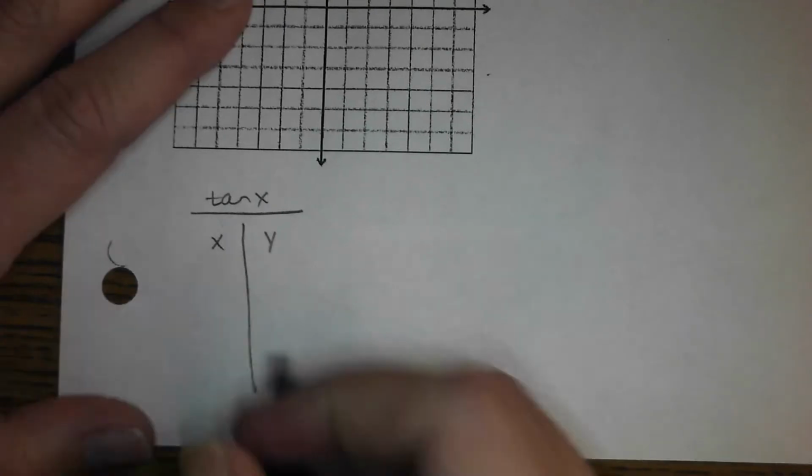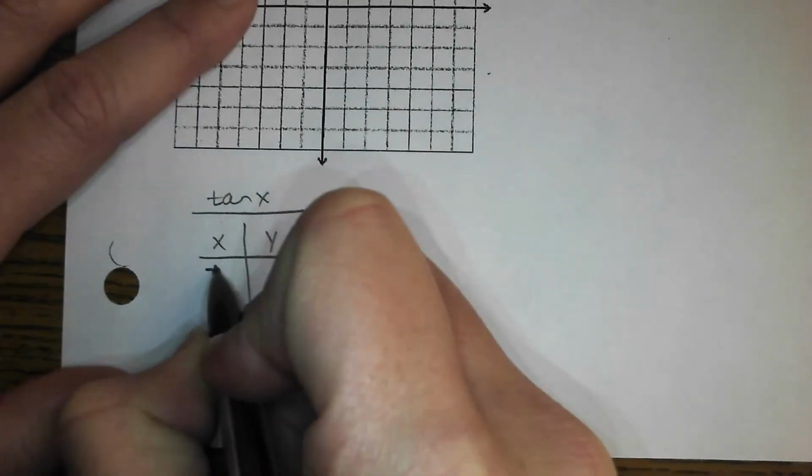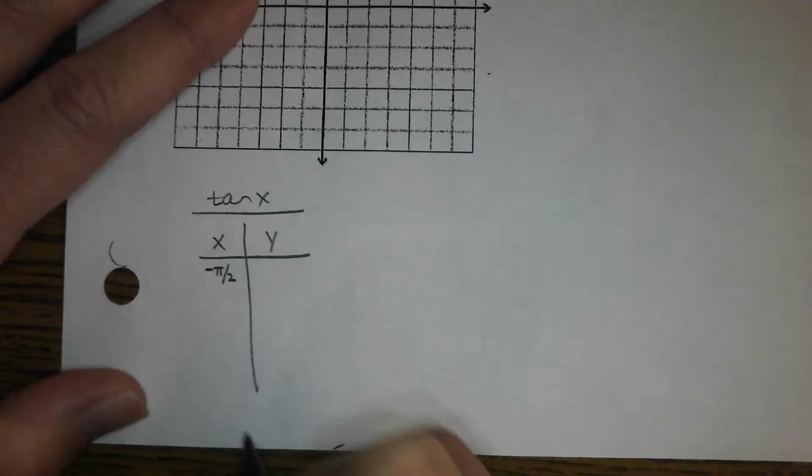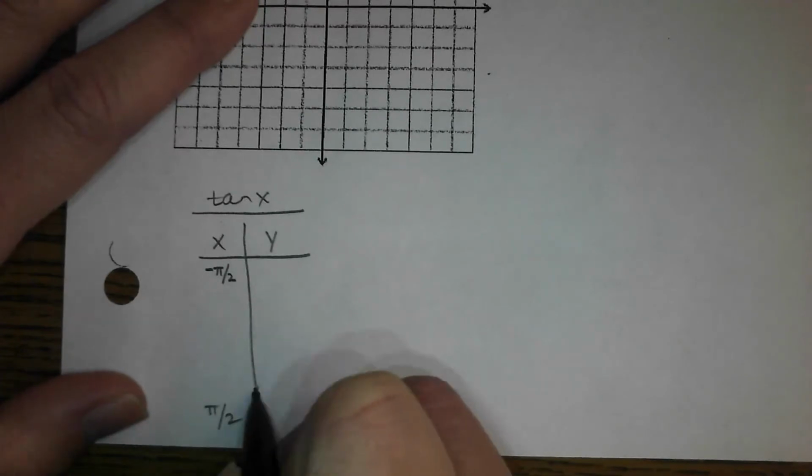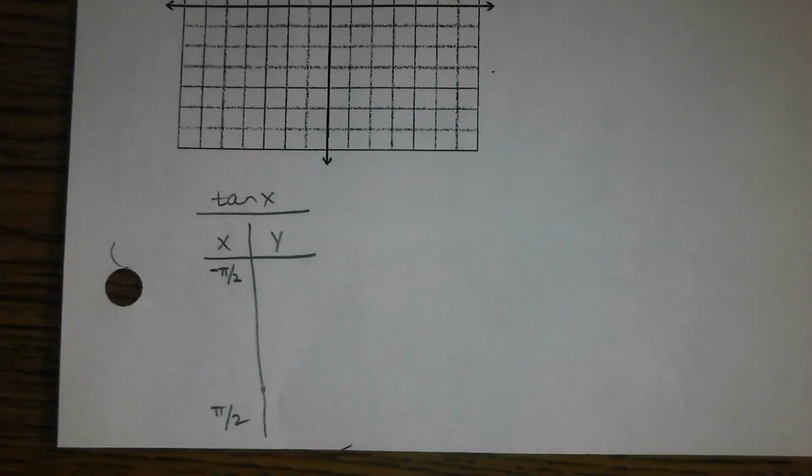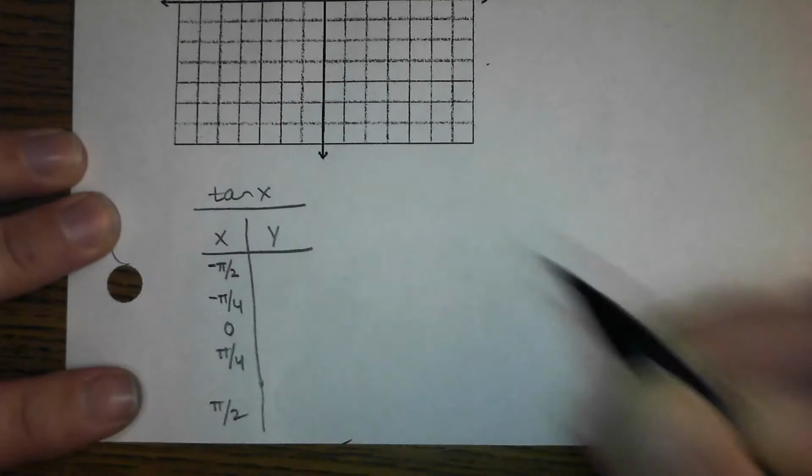Good. So negative pi over 2 all the way up to pi over 2. What tangent values are easy, meaning they're not radicals? Tangent of what? Pi over 4. So negative pi over 4, 0, positive pi over 4.